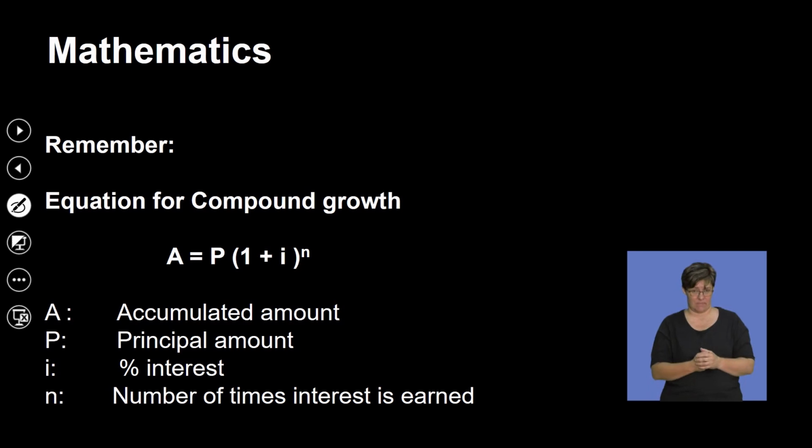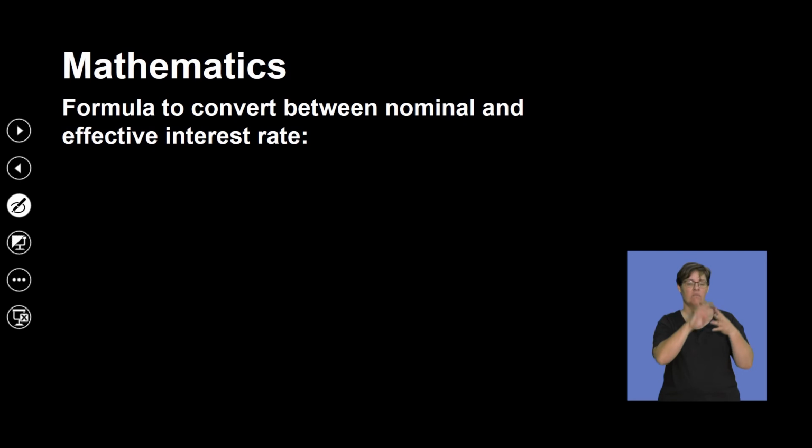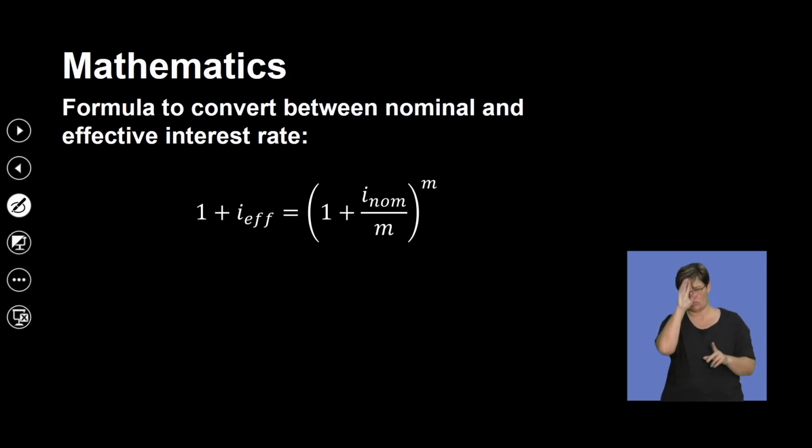Please remember, not necessarily the number of years, because we're dealing with compound growth. It's the number of times you are getting the interest in the duration of your investment. Now, the formula to convert between the nominal and the effective interest rate, just a quick recap. Remember, it is given by that.